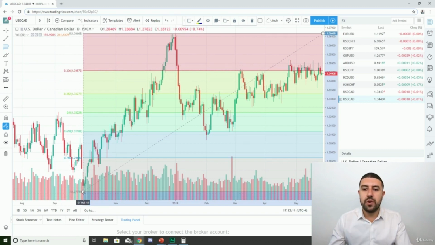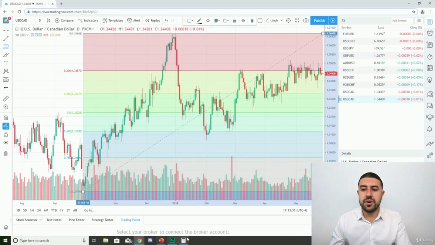So you see here, we went from 1 to 0, or 0 to 1, it doesn't really matter. And you have levels at 23.6, so the 23% from this level here, 38% from this level, 50%, 61.8, and 78.6.